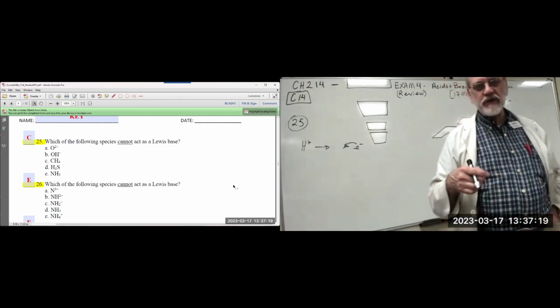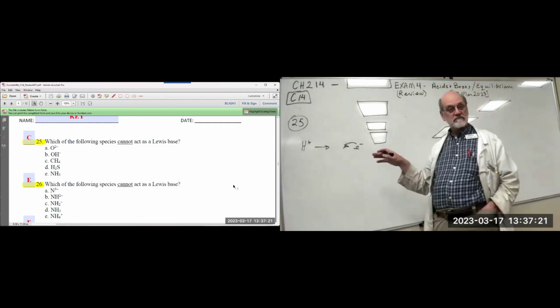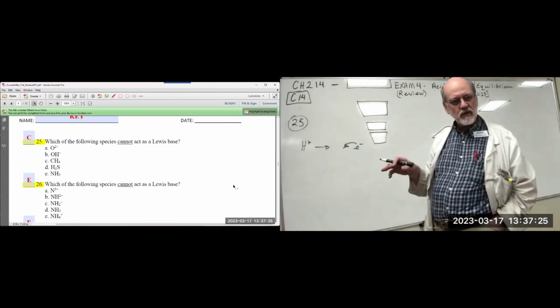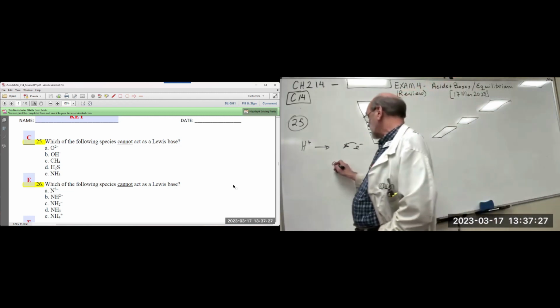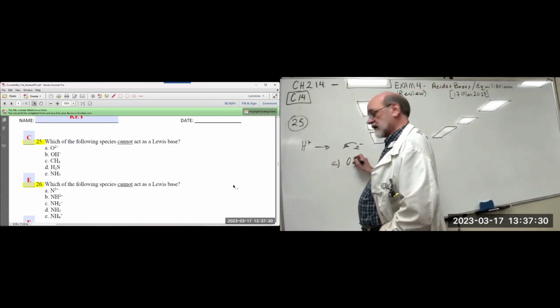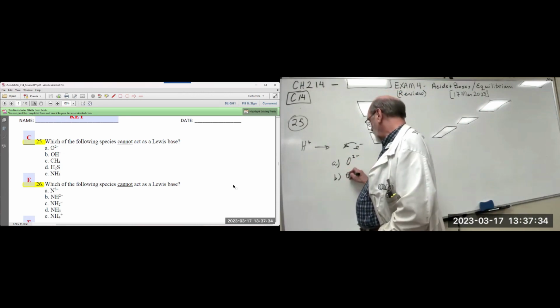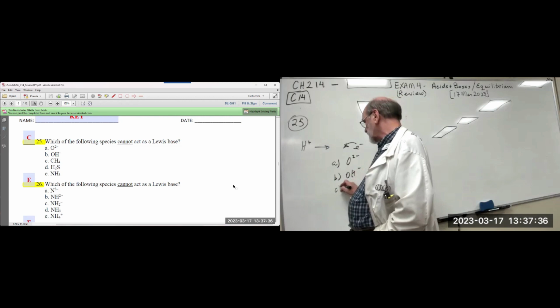So a Lewis base would donate electrons. Okay, so which ones look like they can donate electrons? Well, let's see, definitely O2 minus. It's got electrons to donate. OH minus, yeah, it's got electrons to donate.